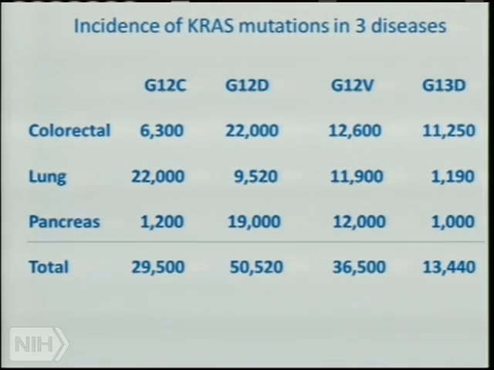get back to the issue of the major mutations of KRAS that occur in these major diseases, as we've already heard. This is the number of patients that are affected by these alleles. So at the Frederick Group, we've focused on these proteins because they are the most frequent in human cancer. G13D is interesting because there is evidence that in colorectal cancer, patients with G13D colorectal cancer do actually respond to cetuximab, in contrast to the G12s.